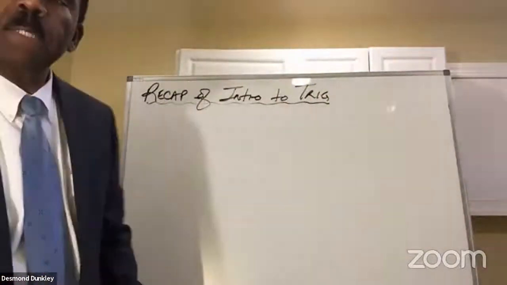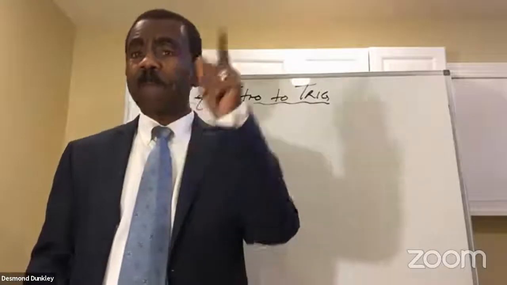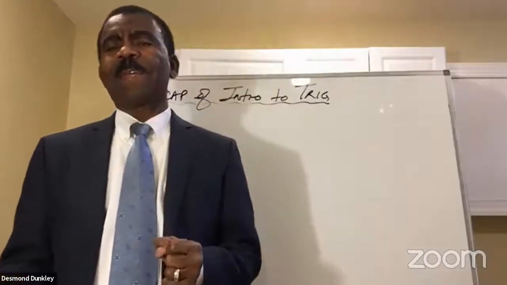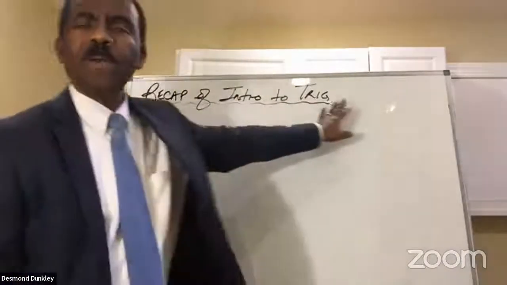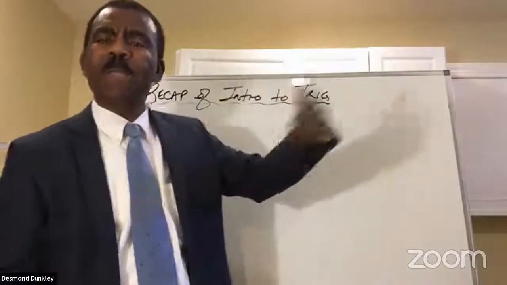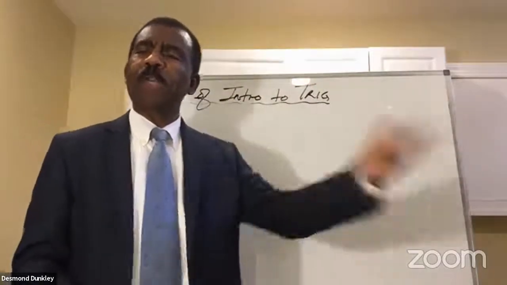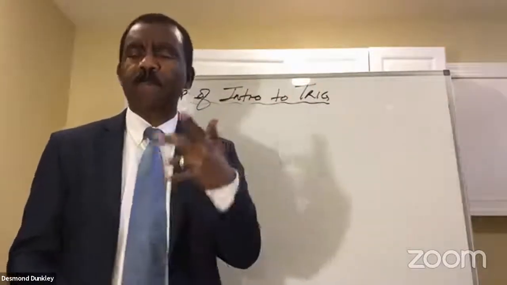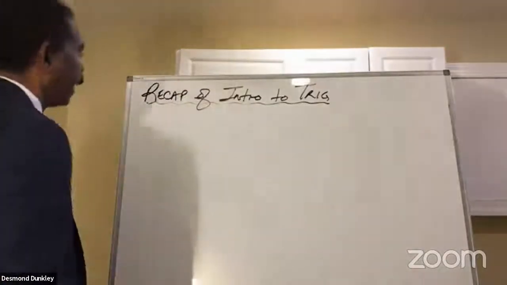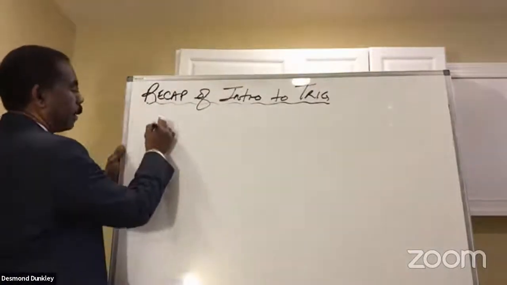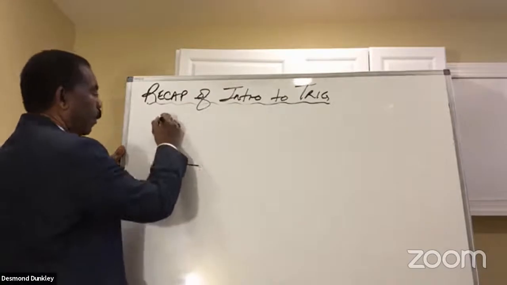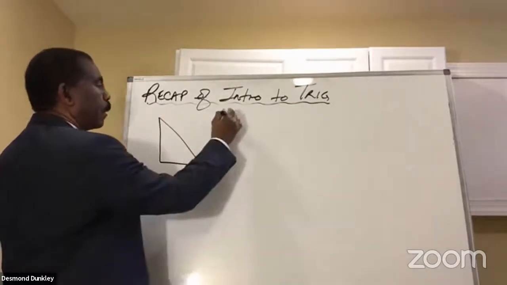Remember, we said trigonometry has to do with the science of triangles. Okay? So trig is also an abbreviation used for trigonometry. Instead of writing out trigonometry or saying trigonometry, in math world we say trig. Okay. First, we talk about the ratios.